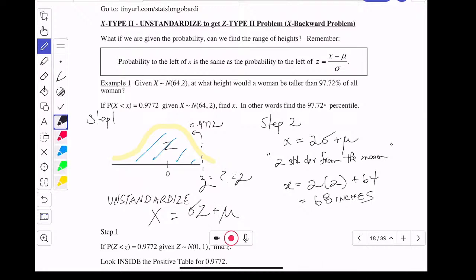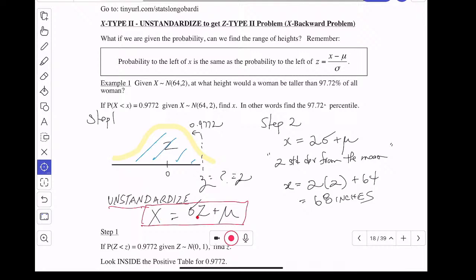Now you'll notice that this is the same relationship as when you standardize, except I'm solving for x rather than z. If you take this expression and solve for x, you'll see that they're the same. You see?